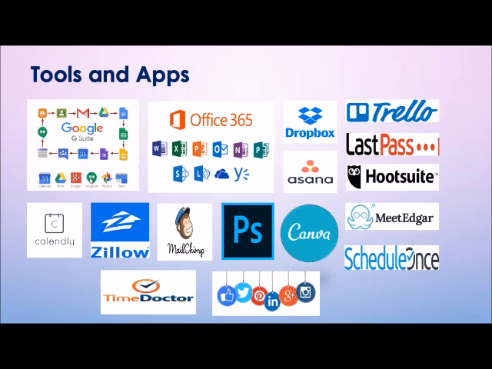Okay. For social media, if you are going to be a social media manager slash VA, you'd be using Hootsuite, Meet Edgar, and of course our social media apps in here. So Hootsuite is the most common or most famous, where you could post or schedule Instagram posts, and then Meet Edgar, you can use this to schedule posts for Facebook, LinkedIn, and Twitter.